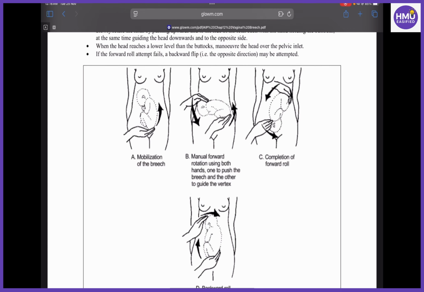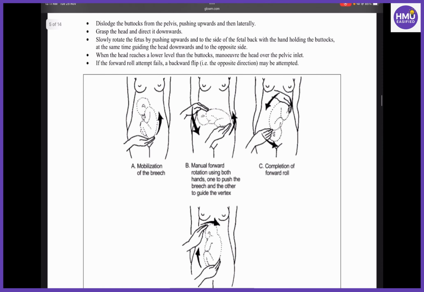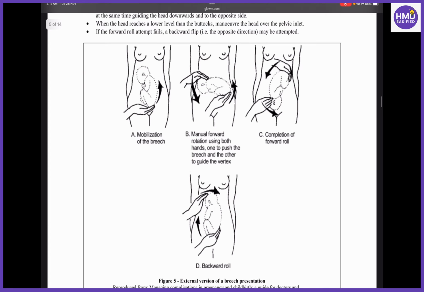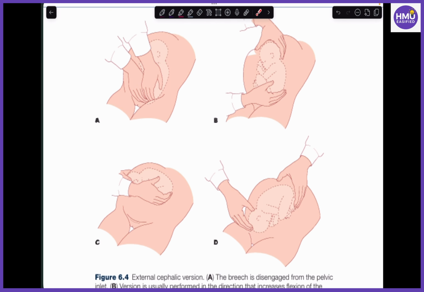First mobilization of the breech, then forward rotation somersault with increased flexion, then completion of the forward roll. Otherwise it would be a backward flip, but that is beyond this lecture anyway.